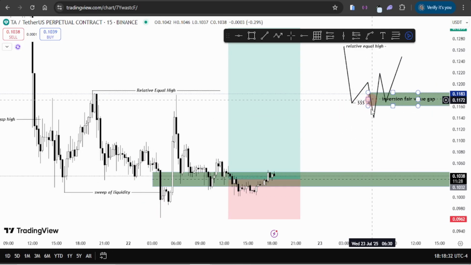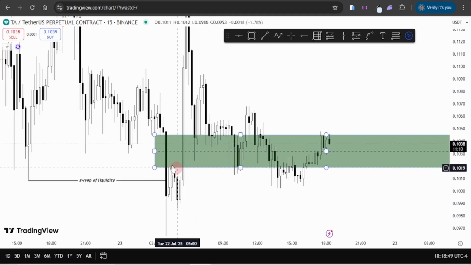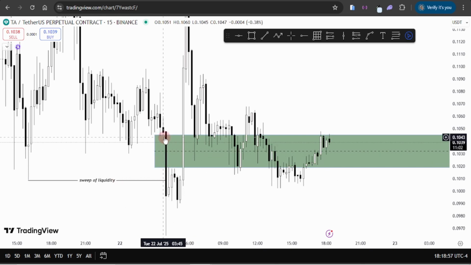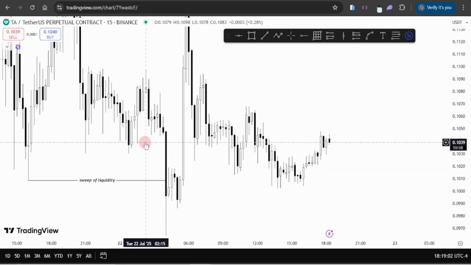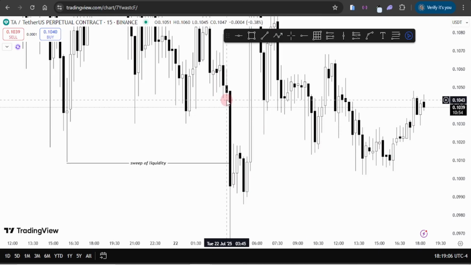When it took out this low, an inversion fair value gap was formed. If you zoom in, we are going to see that when price took out this low, it gave us this fair value gap, from this high to this low.